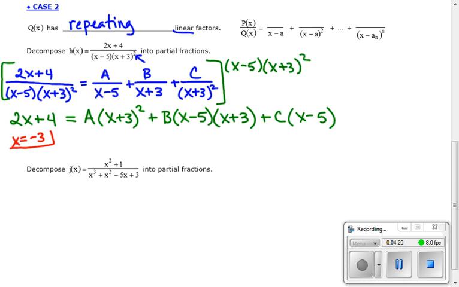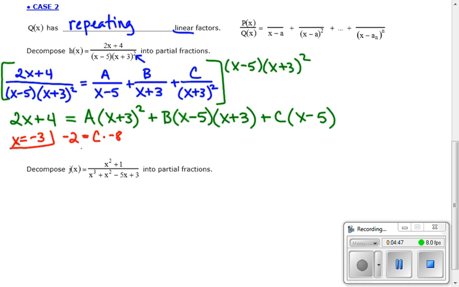Plugging in negative 3 on the left side would be negative 6 plus 4, which is negative 2. Plugging negative 3 into the factor next to the a kills that term, so the a term is gone. Plugging negative 3 into the b expression makes that go away too. And then finally, we will have c times negative 3 minus 5, so that'll be c times negative 8.